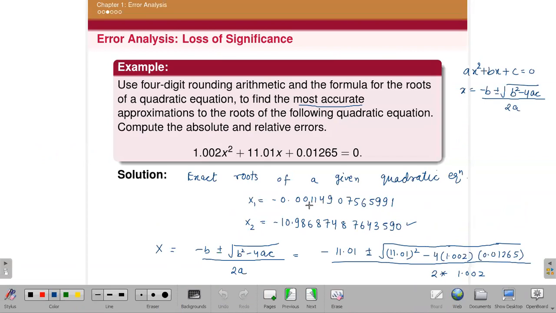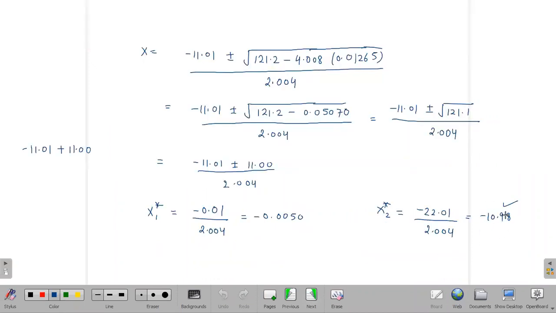So it is not acceptable, it is not a good approximation. This is the most accurate approximation that we have found for x2. But how to find the most accurate approximation in x1? You have to remove the loss of significance, the subtraction of two nearly equal numbers from here. Then only you will get the most accurate approximation.